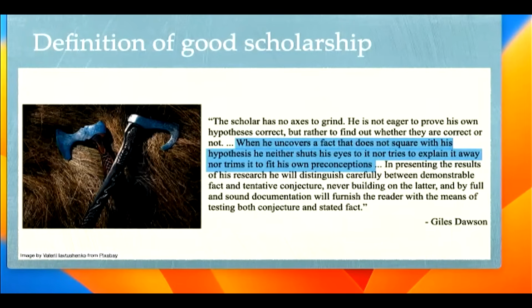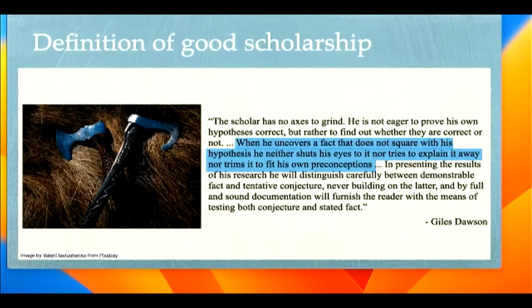to adhere to the principles of good scholarship as explained here by Giles Dawson. The scholar has no axes to grind. He is not eager to prove his own hypotheses correct, but rather to find out whether they are correct or not. When he uncovers a fact that does not square with his hypothesis, he neither shuts his eyes to it, nor tries to explain it away, nor trims it to fit his own preconceptions.